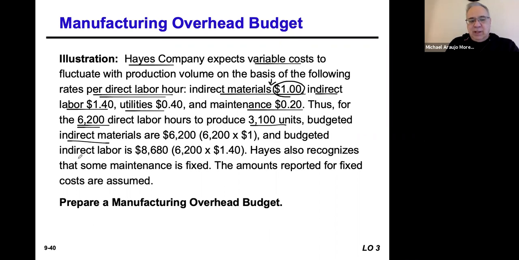And your budgeted indirect labor would be the 6,200 hours at $1.40 per hour. So that's $8,680. Hayes also recognizes that some maintenance costs are going to be fixed, and the amounts are assumed in this budget. So what does the manufacturing overhead budget look like?